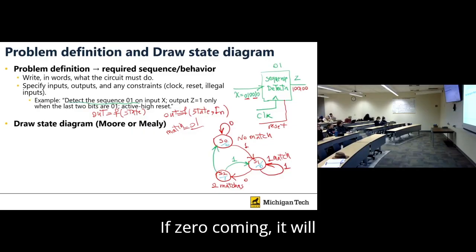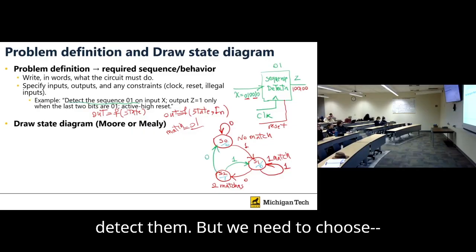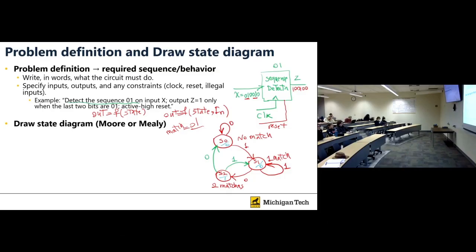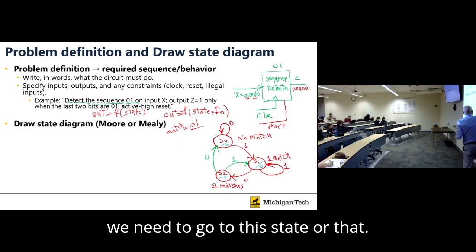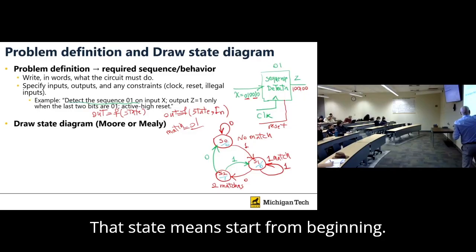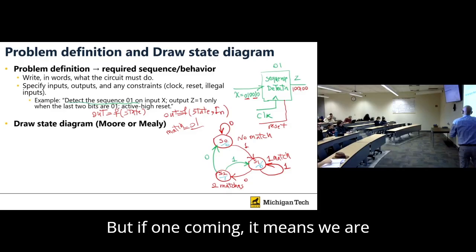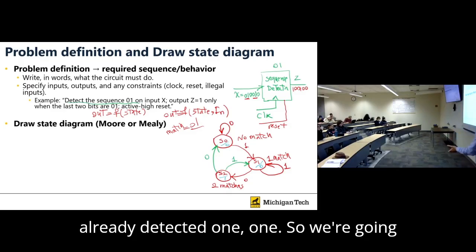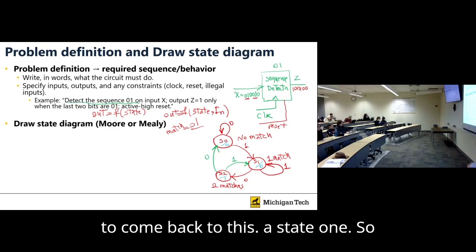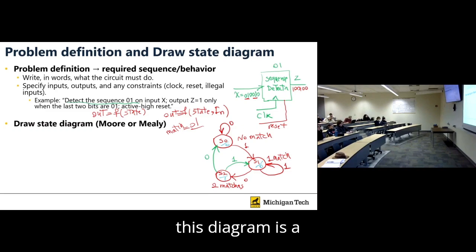If 0 comes, we already detected, but we need to choose whether to go to this state or that. That state means start from the beginning. But if 1 comes, it means we have already detected 1, so we go back to state 1. So this diagram is a Moore diagram.